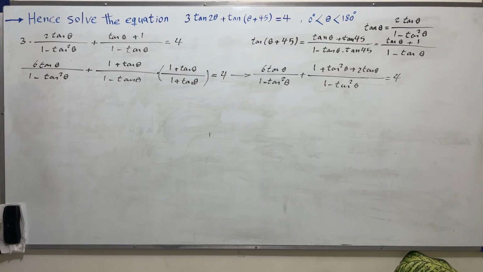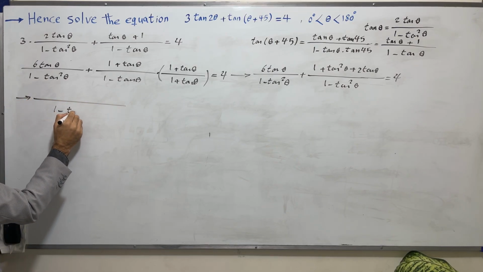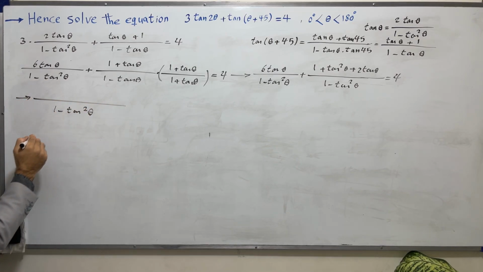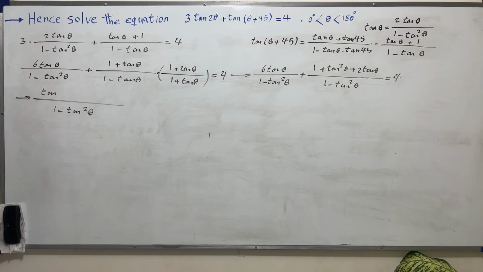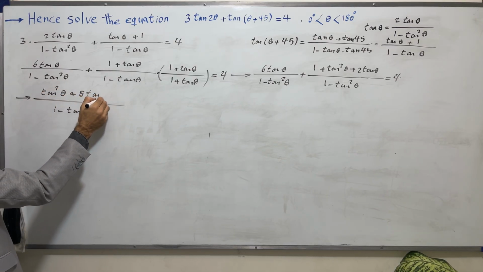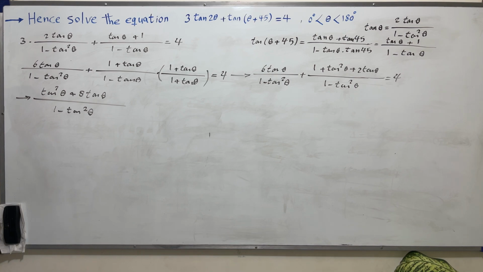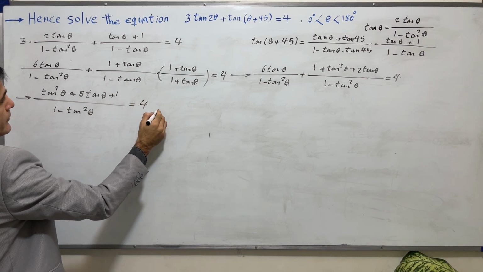Now, by adding the two fractions, we have (tan squared θ + 8 tan θ + 1) over (1 minus tan squared θ) equals 4.